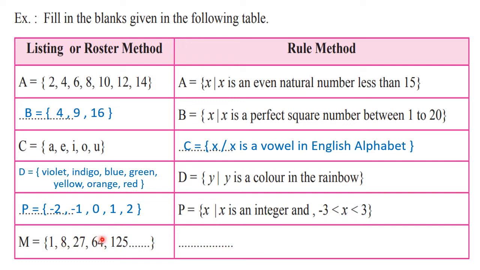Again, if you have done the homework of cubes, you will understand that all these numbers are perfect cubes. 1 cube is 1, 2 cube is 8, 3 cube is 27, 4 cube is 64, 5 cube is 125. So got the property that these are perfect cubes. Also, these are the cubes of natural numbers.